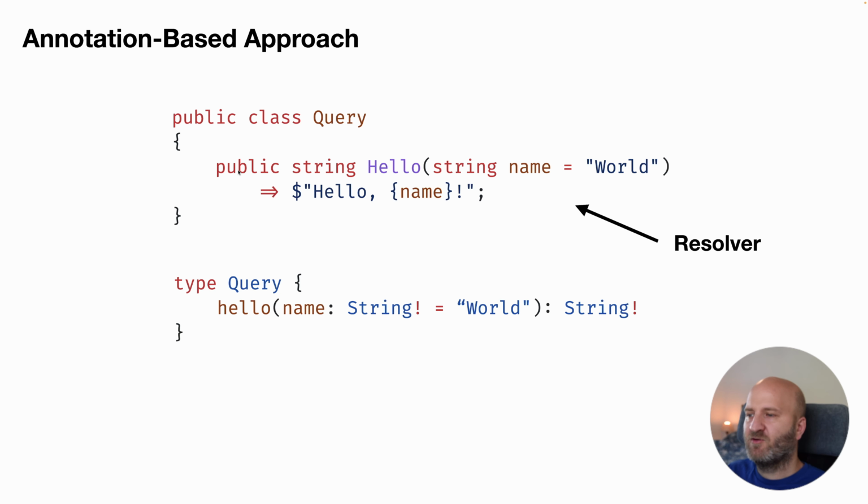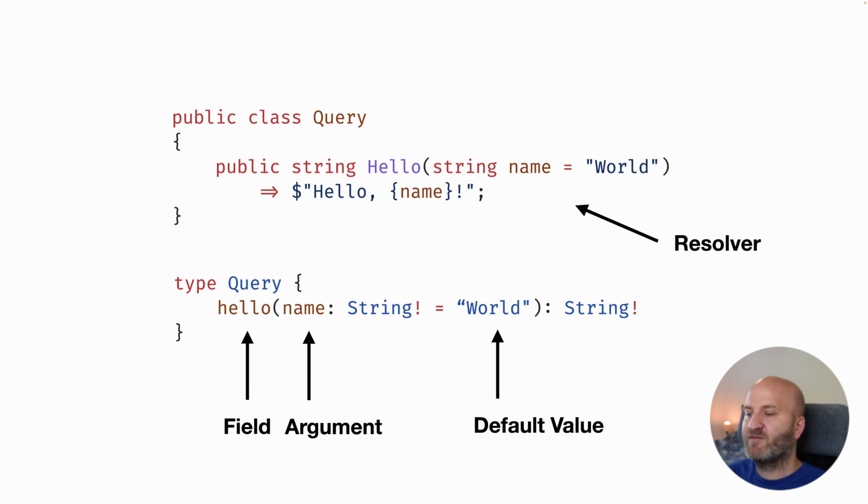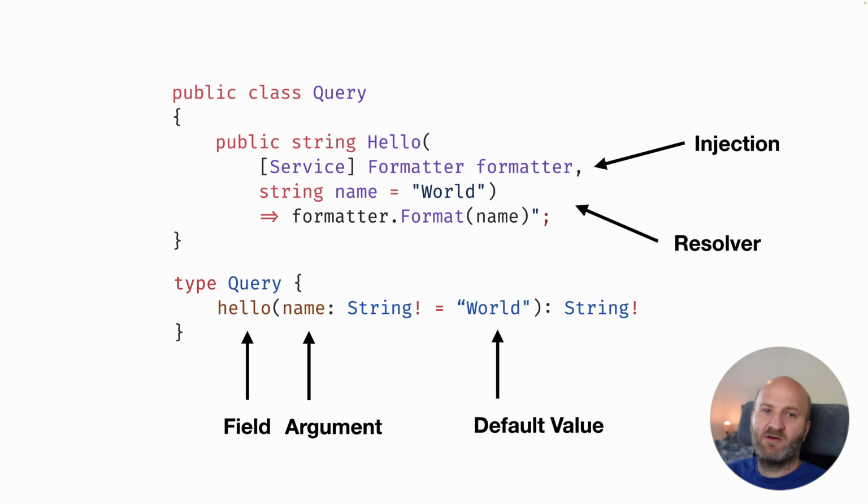In C# we call the method hello here the resolver for the actual GraphQL field. And we infer from that resolver the structure of the field, like the argument is inferred from the parameter that we have, and the default value is inferred from the parameter's default value, and so on.